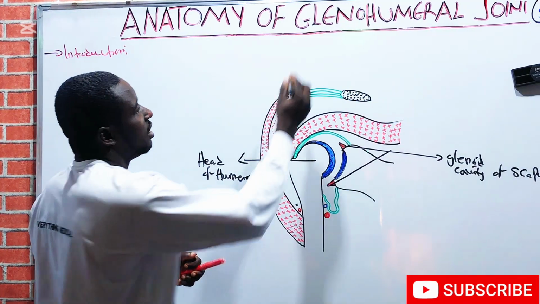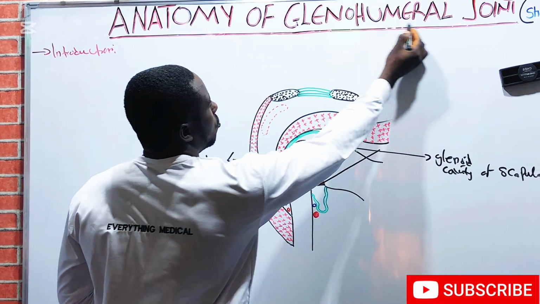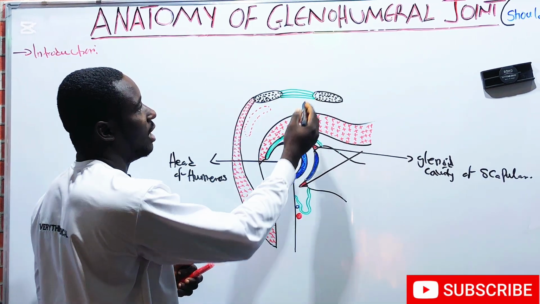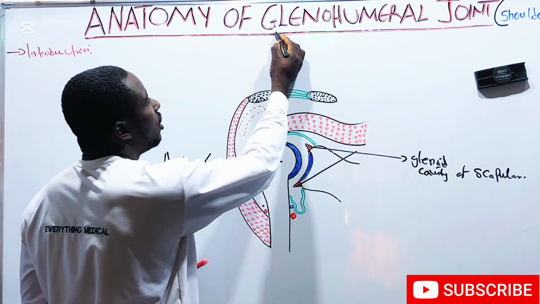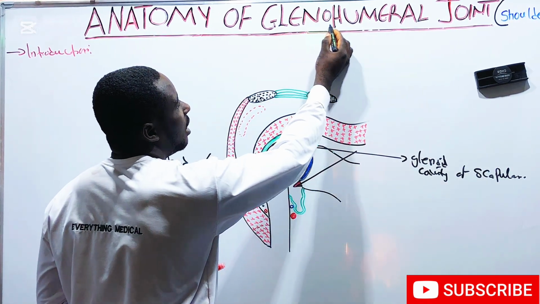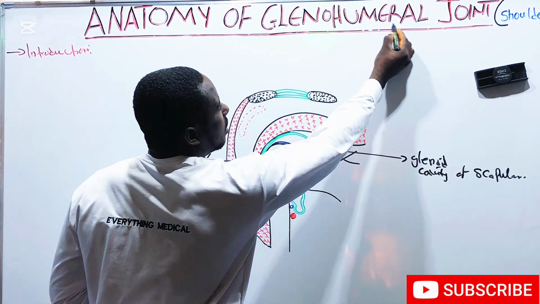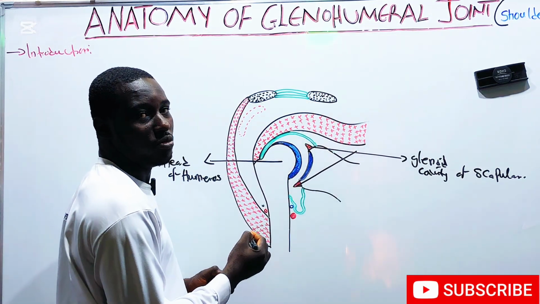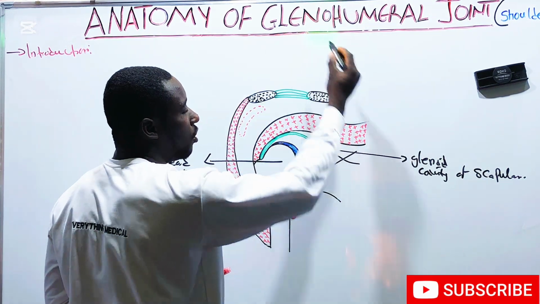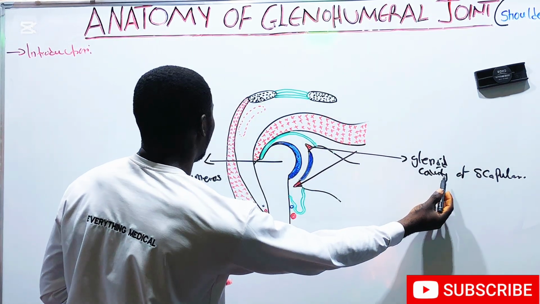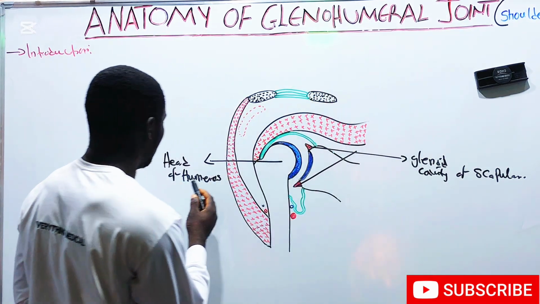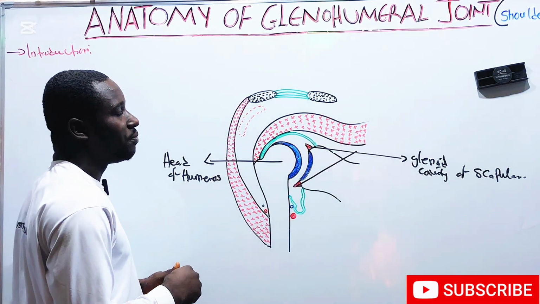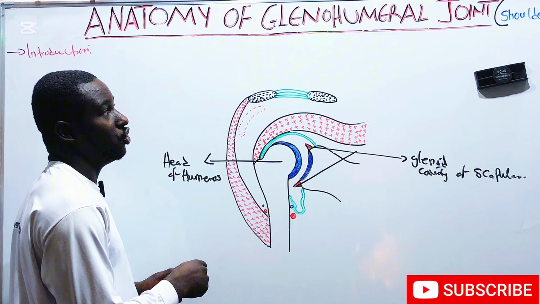Why is it called the glenohumeral? Because it's between the glenoid cavity of the scapula and the head of the humerus, or the humeral head of the humerus. So gleno is for glenoid cavity of the scapula, while humeral is for the head of the humerus. That is why it is called the glenohumeral joint.